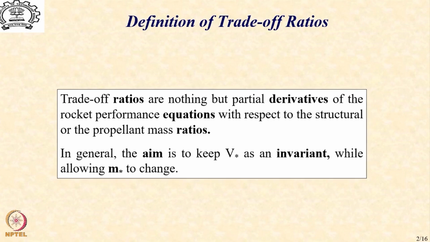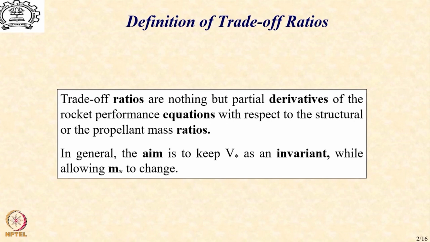Now, while there can be requirements on performing a different mission with the same M star, in most cases the variants are required to perform the same mission for a different mass, as we have seen in the examples in the previous lecture.